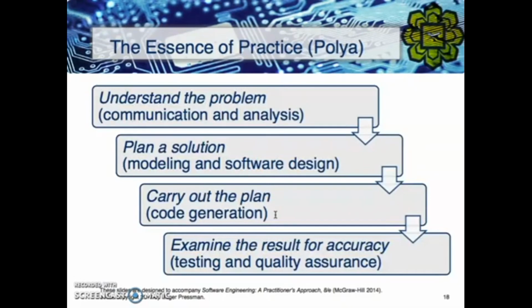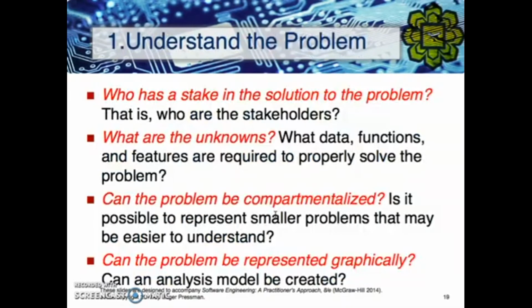This is the explanation of the essence of practice as proposed by Polya. So Polya suggested, when we want to adapt this to software engineering, the first thing we have to remember, in understanding the problem, is that we need to ask several questions.